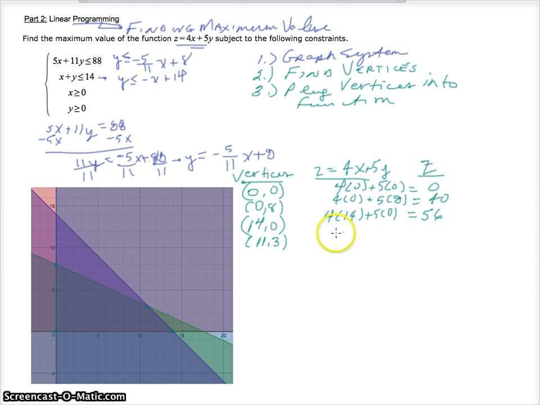And let's check 11, 3. 4 times 11 is 44. 5 times 3 is 15. 44 plus 15 is 56. Let's check 4 times 14 again.